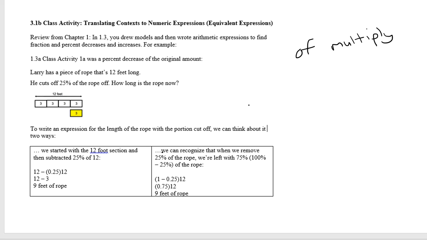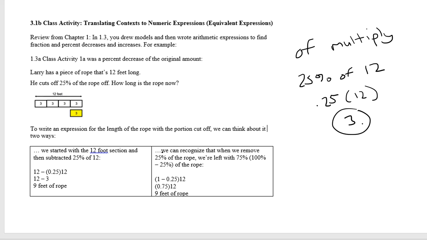And so in this situation, we had to figure out what 25% of the 12-foot rope is. So if we're finding out what 25% of 12 is, we take the 25%, we change it to 0.25, the word of means times, and then we multiply by 12, and that gives us 3. So 25% of 12 was 3.